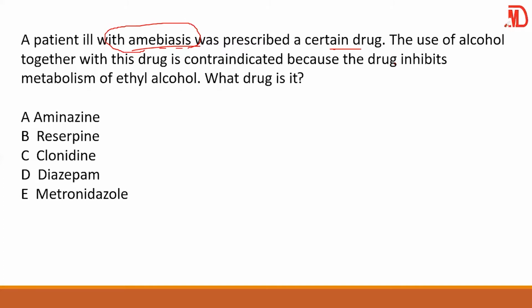Now, they're saying the use of alcohol together with this drug is contraindicated because the drug inhibits metabolism of ethyl alcohol. So what drug is this? We already know this one. To treat amoebiasis, we give metronidazole. So here we go for E as our likely answer, metronidazole. All right.